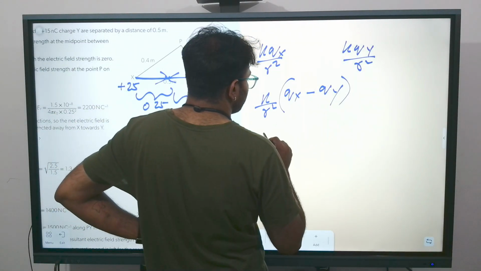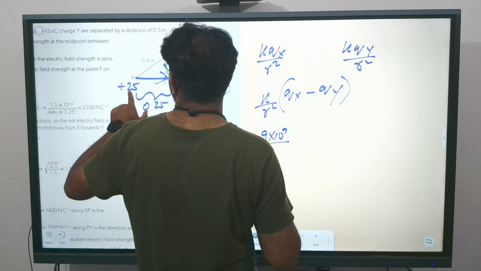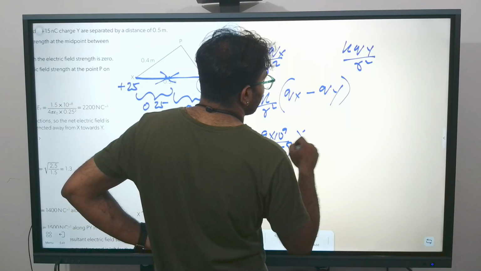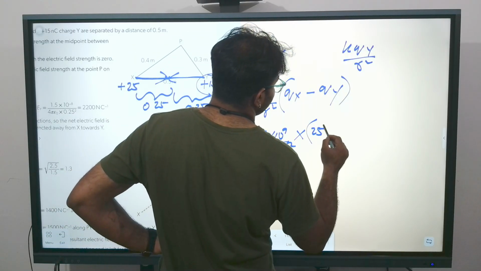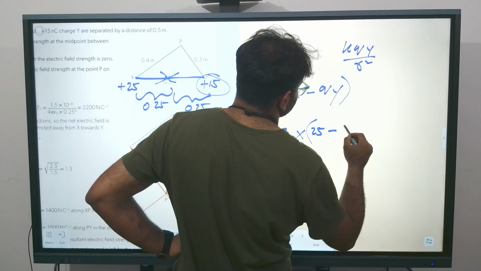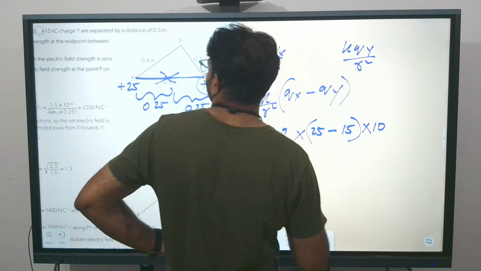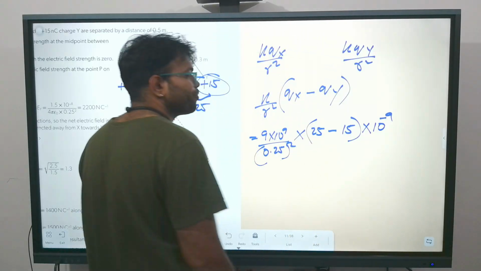So this will become equal to 9 into 10 to the power 9 upon 0.25 the whole square, multiplied by 25 minus 15 into 10 to the power nano or micro? Nano, 10 to the power minus 9. Clear?